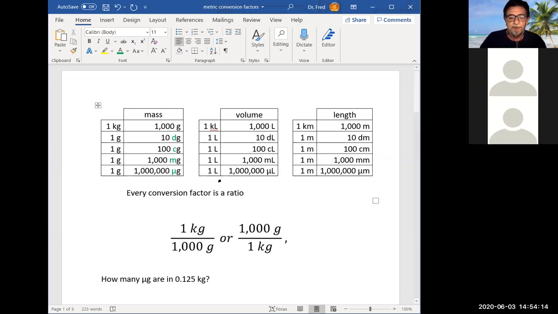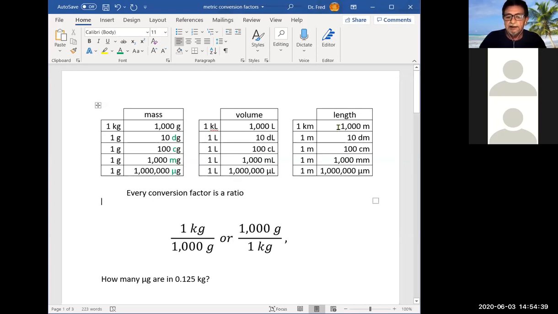Now, the same prefixes, this is for mass, the same prefixes apply for volume. We got 1 kiloliter, there's 1,000 liters in a kiloliter. We have 1 kilogram, there's 1,000 grams in 1 kilogram. In 1 liter, there are 10 deciliters, or 100 centiliters, or 1,000 milliliters, or 1,000,000 microliters.